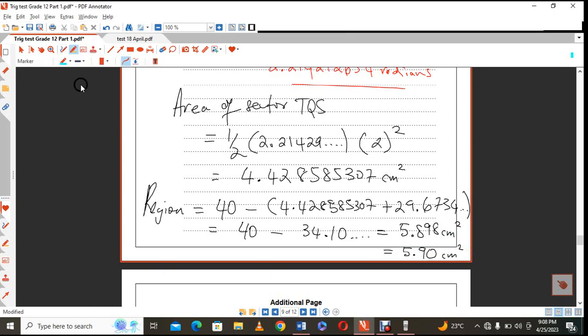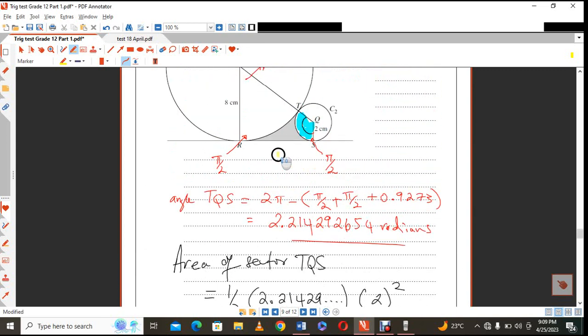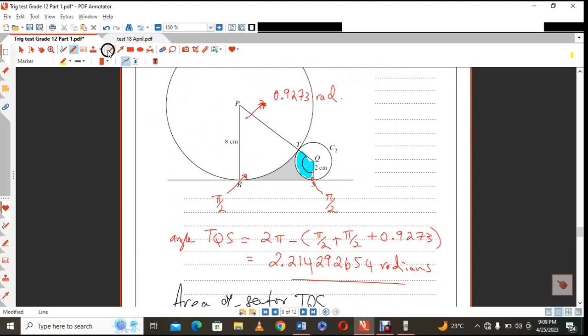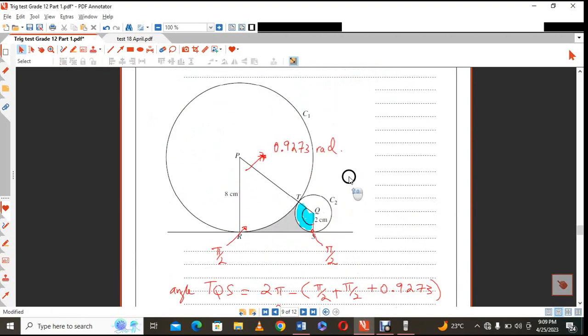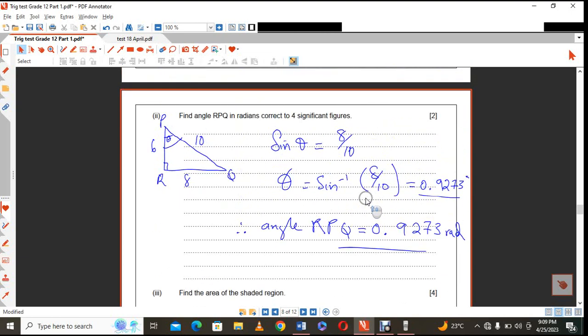So this is the required answer, and I know it takes quite a lot of work, and there are a lot of things you need to show. You've seen that I went back and forth, working on my diagrams and bringing them in again just to make sure I don't miss any.